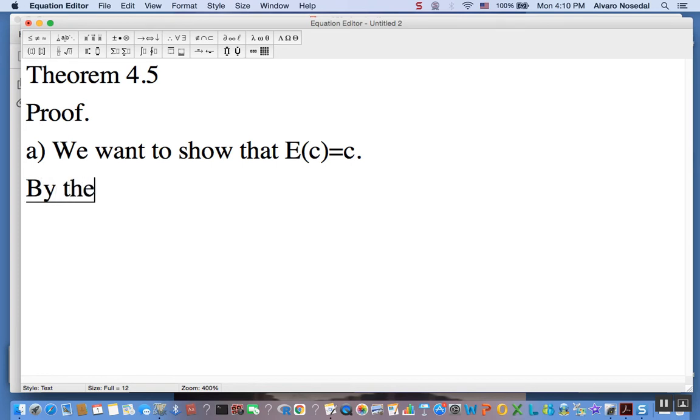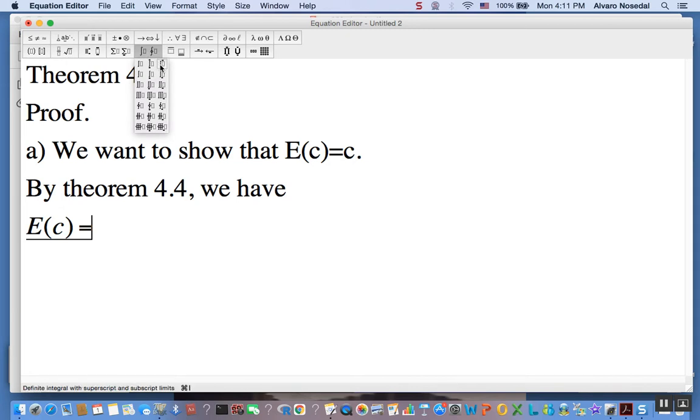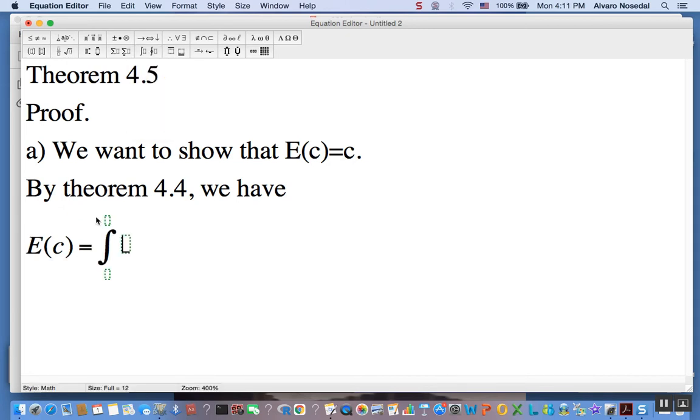By theorem 4.4, we have that the expected value of c will be, in this case, the case of a continuous random variable, the integral from negative infinity to infinity of c times the PDF of the random variable y.